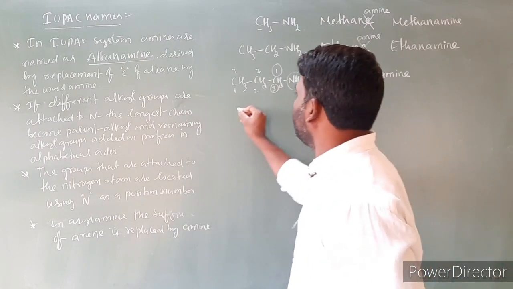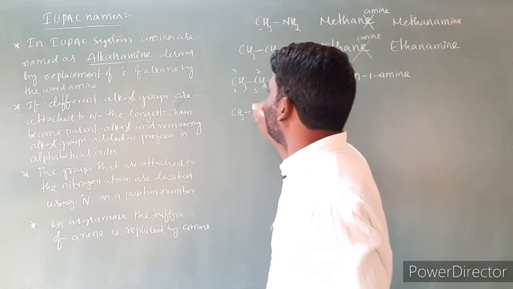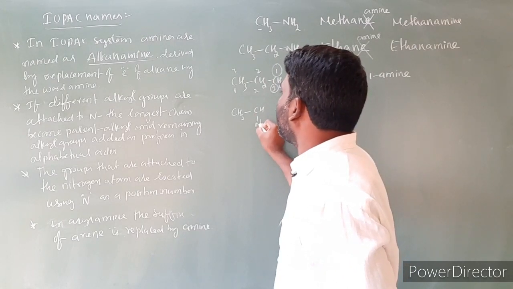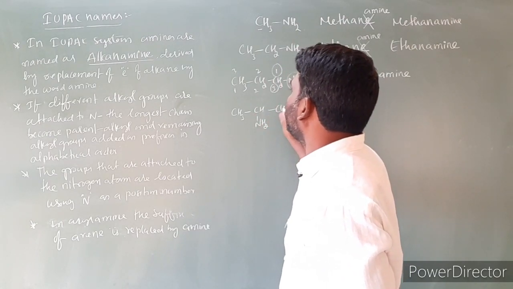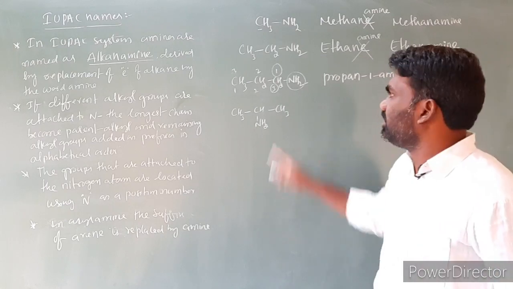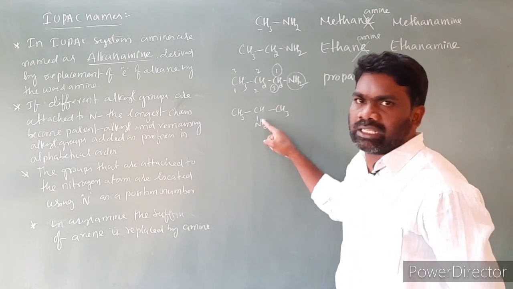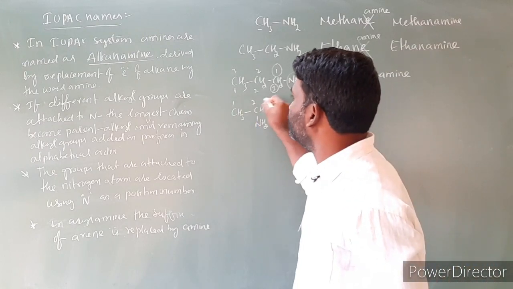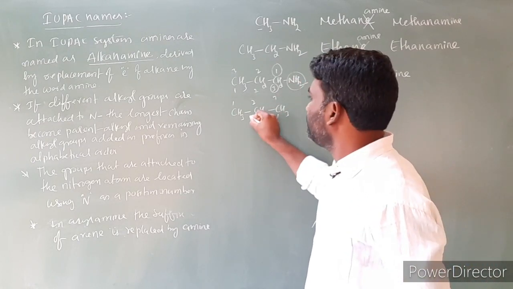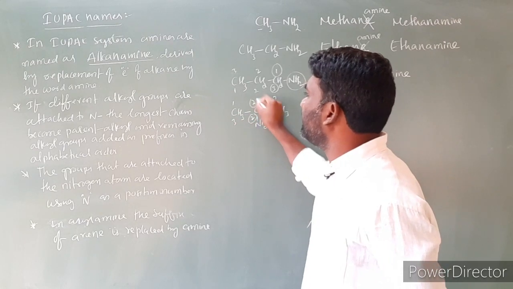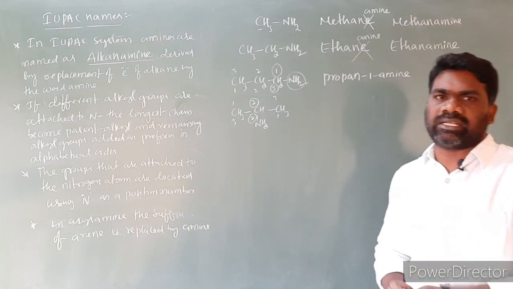Take another example. The same compound. This one I'm writing here another way as NH2 CH3. Again the number of carbons is the same. I just changed the position of the nitrogen, the NH2 group. Here it is at the second position. Give numbering 1, 2, 3. Here it is 1, 2, 3. In any direction the amine group is getting the second position.